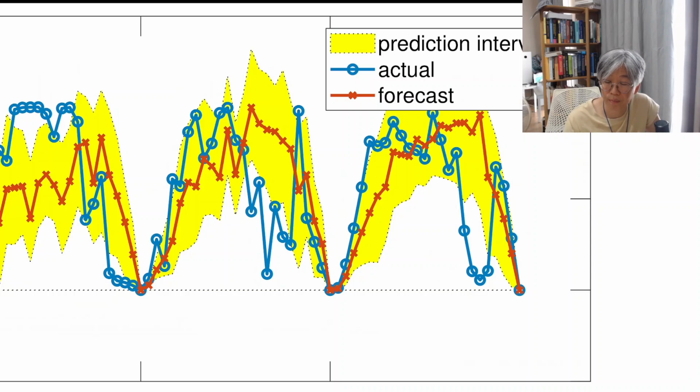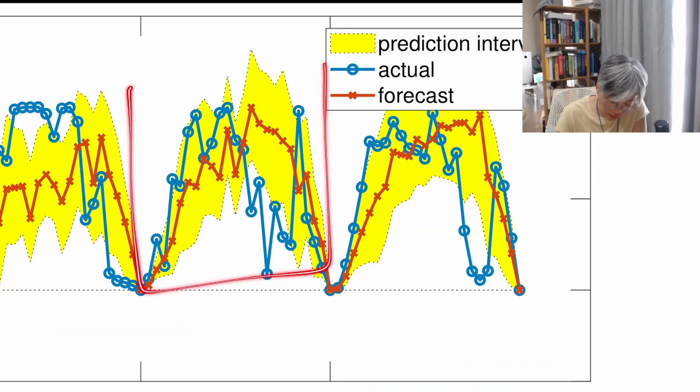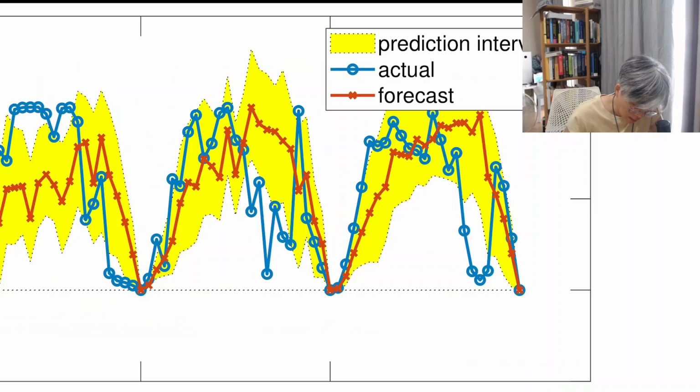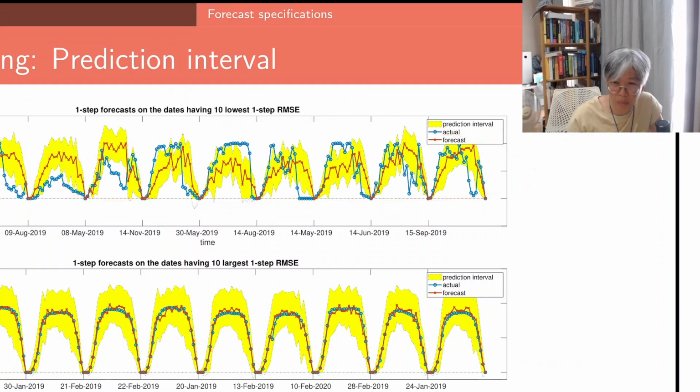When you develop a prediction interval, it's a prediction interval of your forecast value, but you also hope that this prediction interval should cover the actual value. So we can see in this example that it could occur, and that tells you the model quality, that your actual value could lie outside the prediction interval. So this is an example of poor performance on some days.